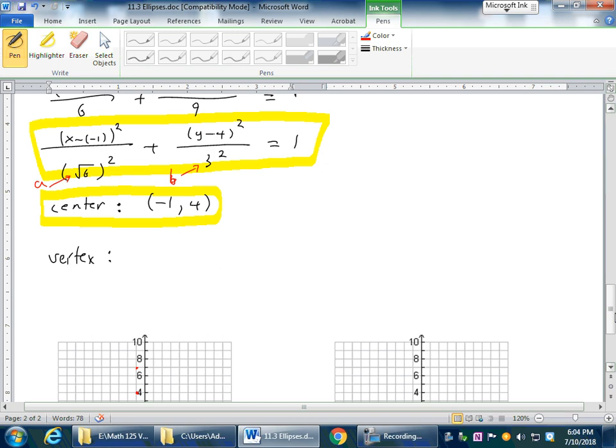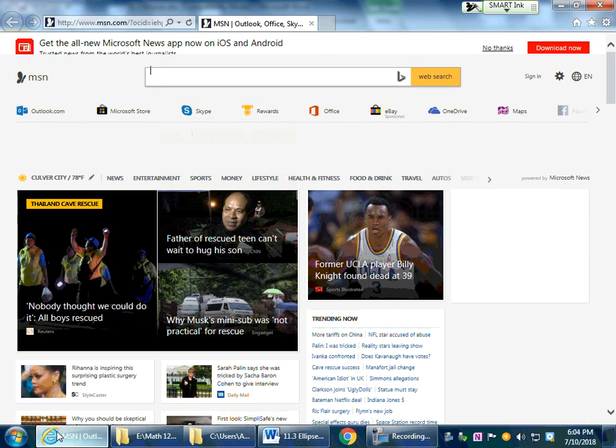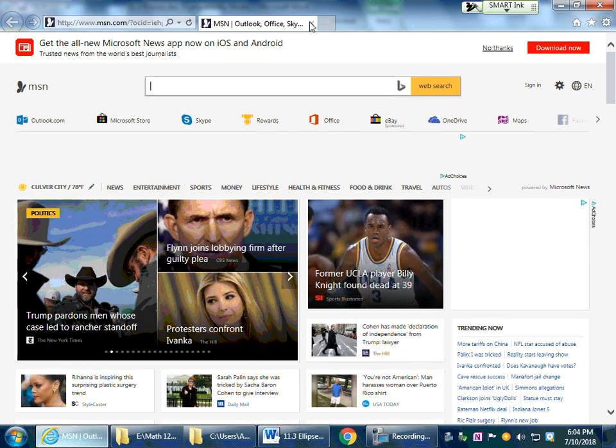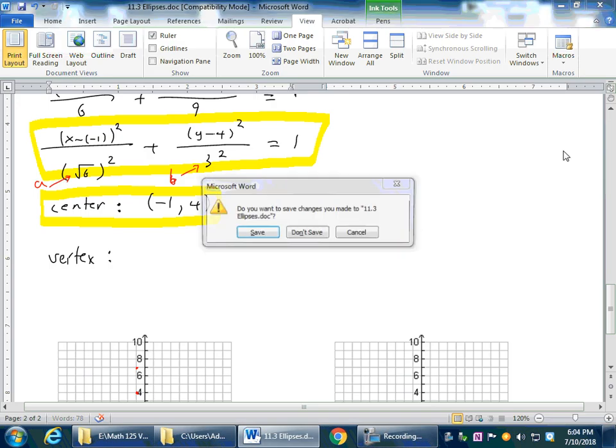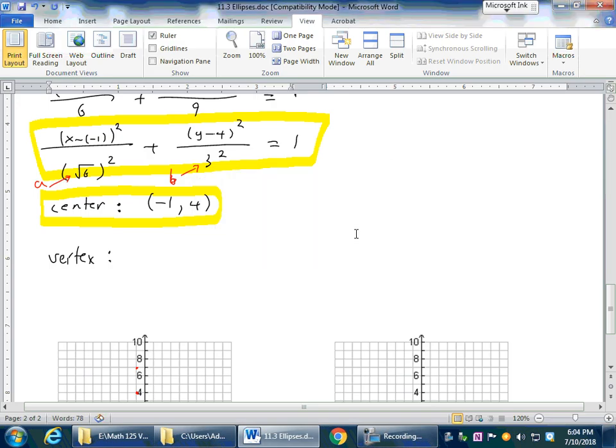So use your calculator and then compute square root of 6. So this should give you the square root of 6 is 2.44.